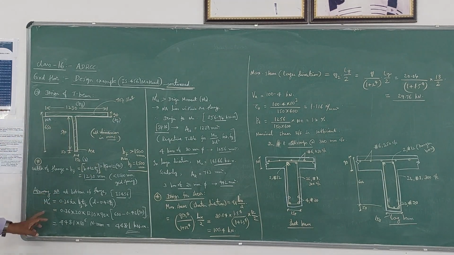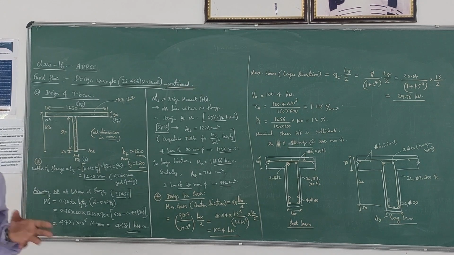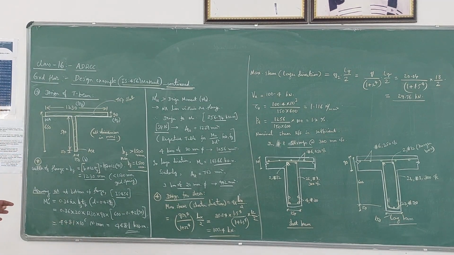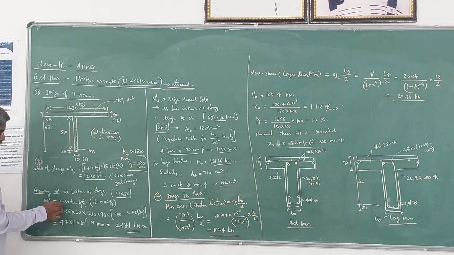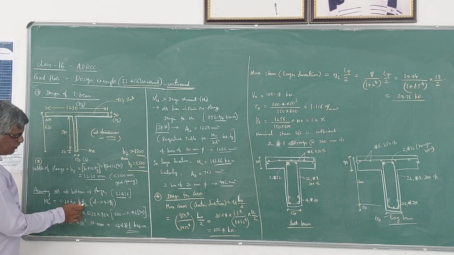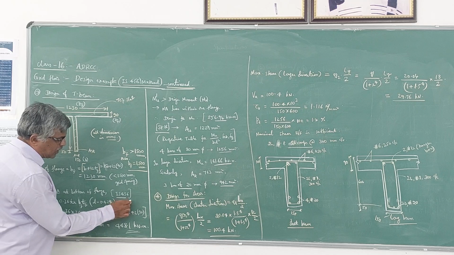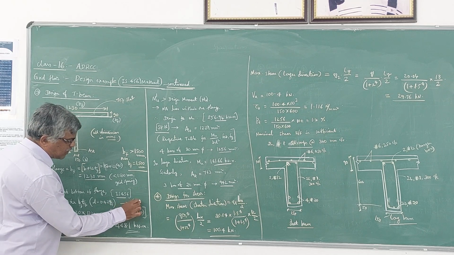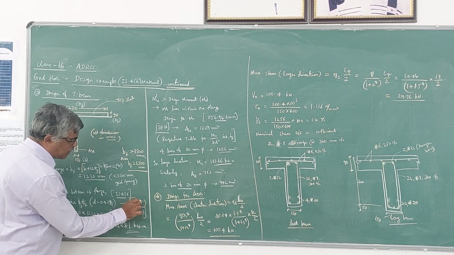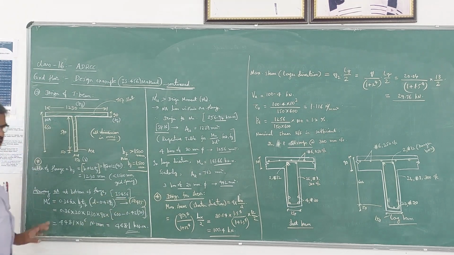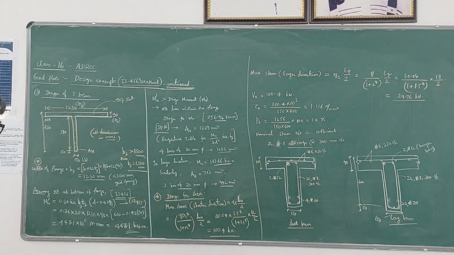Assuming that, we are going to calculate the moment of resistance of the section, denoted by Mu', by this formula: 0.36 fck BF into (d minus 0.42 TF). This is for Fe 415 steel, and the equation you can get from IS456.